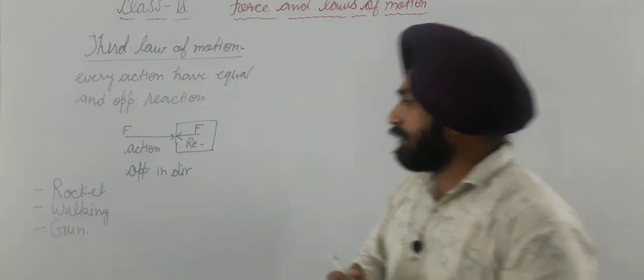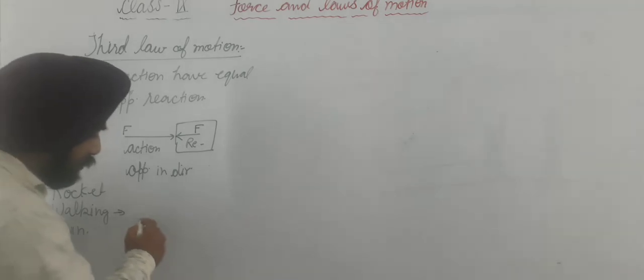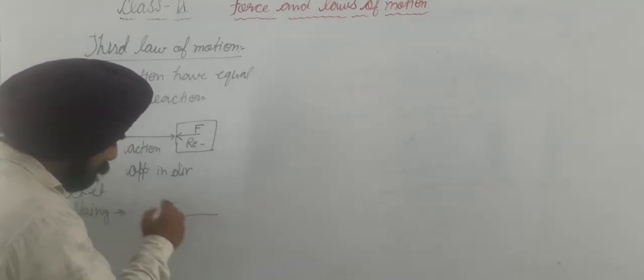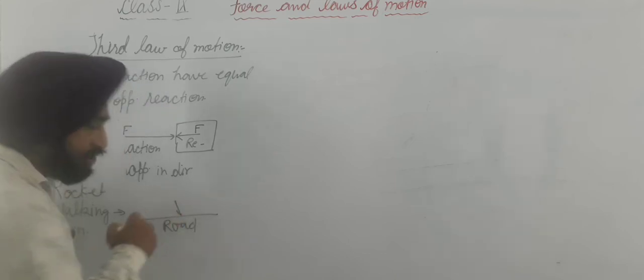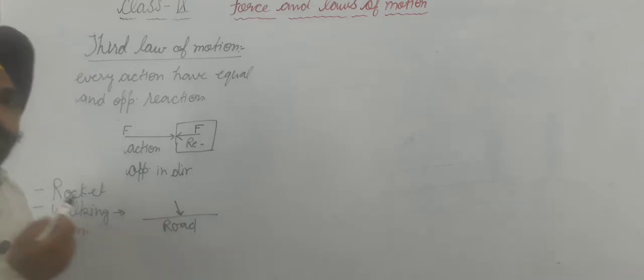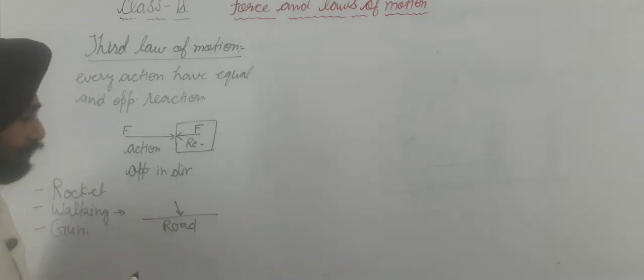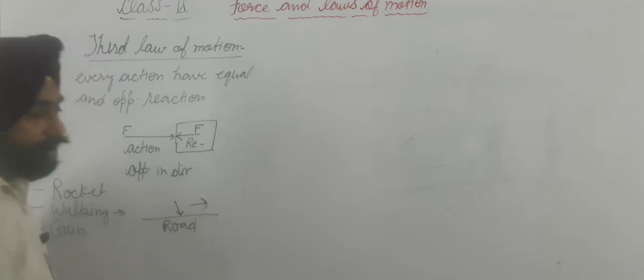How does walking use the third law of motion? While moving on a road, we apply a force on the road, and on the other hand the road also exerts a force on our feet in the opposite direction, and that force helps us move forward.